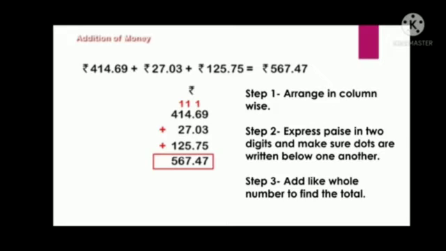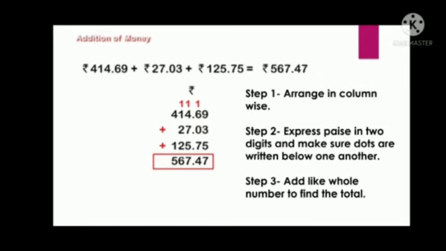Then step 3 is add like whole numbers to find the total. It means after writing the numbers in column wise and by making sure that each dot is written below one another, we just have to forget about the dots and add the numbers as we are adding normal whole numbers.